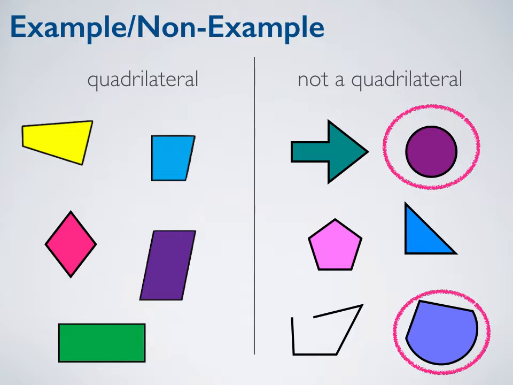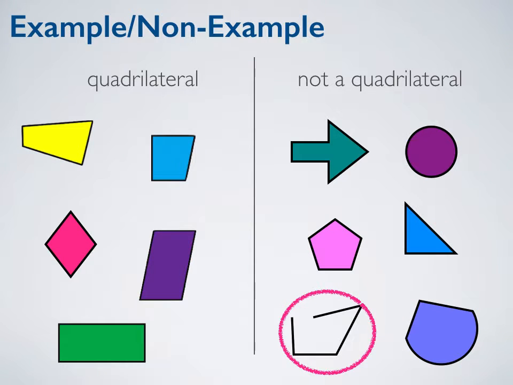These aren't quadrilaterals because they have curved sides, and quadrilaterals have to have only straight sides. How about this one? Why isn't this a quadrilateral? This one is not a closed shape, and all quadrilaterals have to be closed shapes with four straight sides.